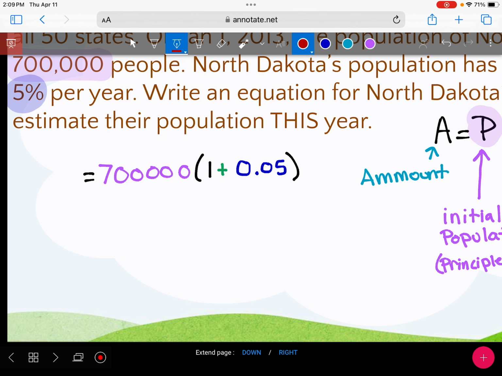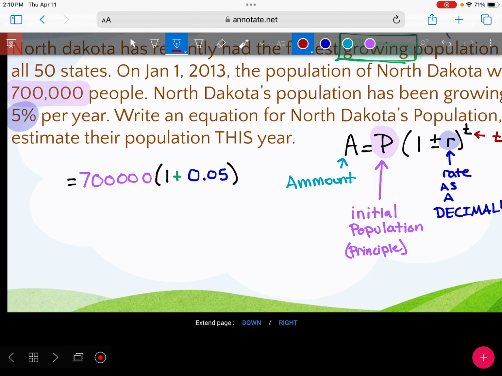What's going to be our t? Do we have to find that out? Because what are we going to put for t? I mean, we don't have anything but per year.